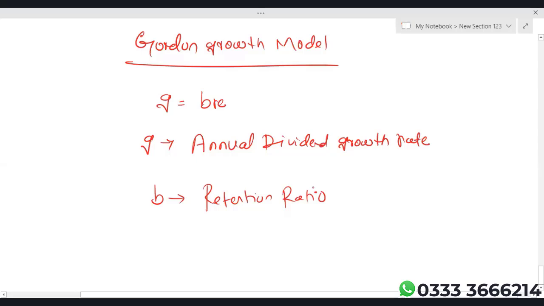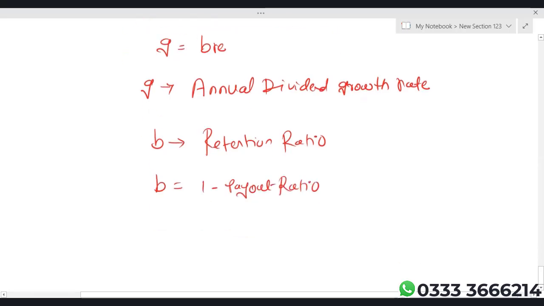And always remember one point: entities retain to reinvest. So logically, B is equal to 1 minus payout ratio, because if we deduct payout ratio from 1, we'll get retention ratio.